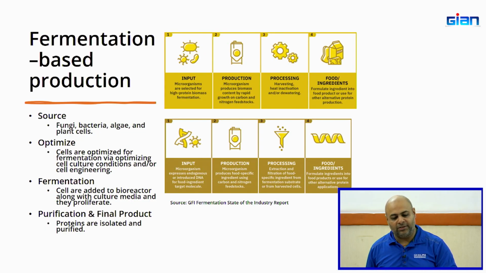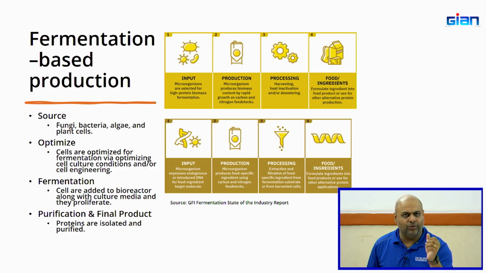Now, fermentation-based production, as we have already discussed, requires sources which are your microorganisms like fungi, bacteria, algae, and plant cells. You need to optimize the cells for the fermentation by optimizing the cell culture medium.